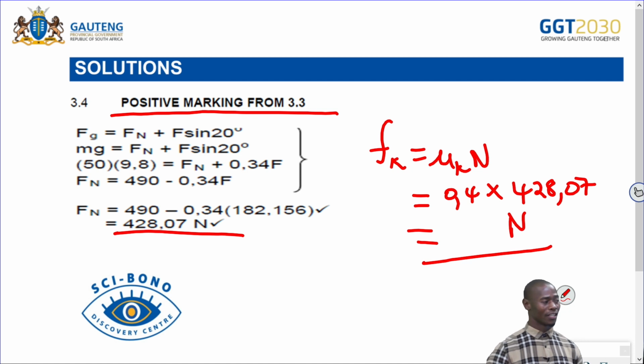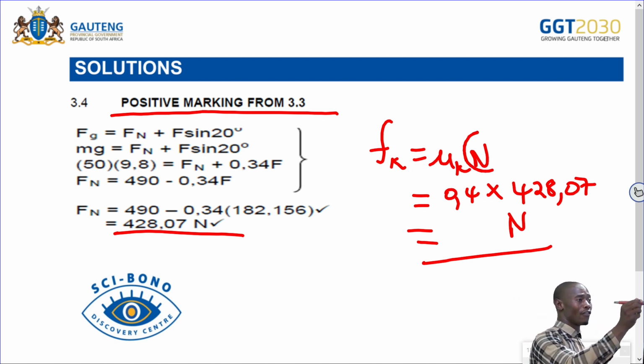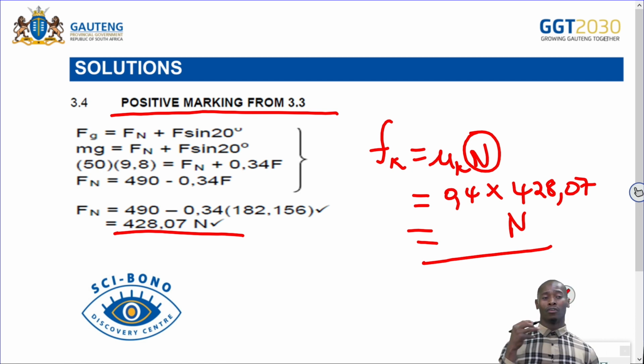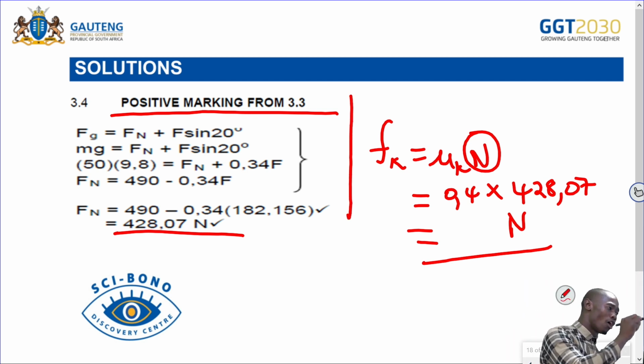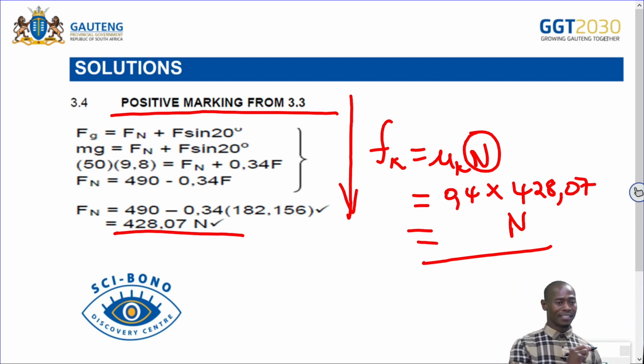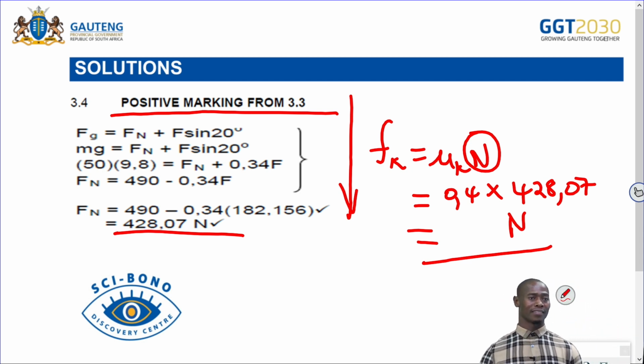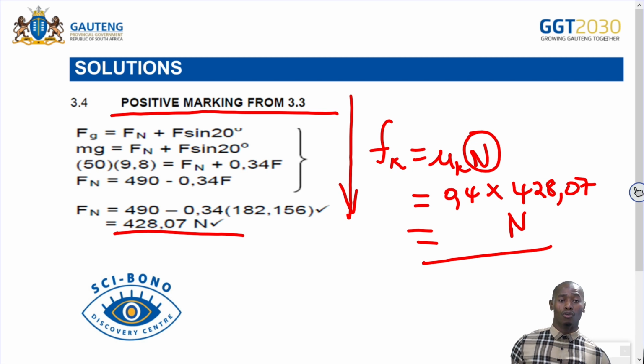Then we'll get the magnitude of kinetic friction. Again, there must be a positive marking here. If the magnitude of F is wrong, you are not going to get the correct magnitude of N, which is the normal force. You're also not going to get the correct magnitude of Fk. But if you continue with those wrong answers from 3.3, then up to this question you will still get all the marks because it shows that you know what to do.